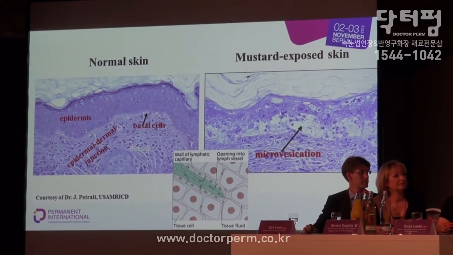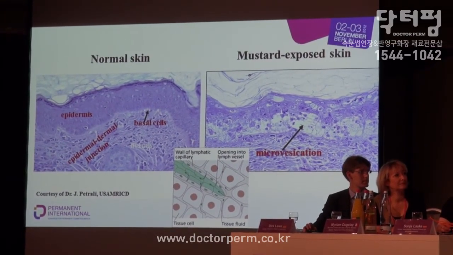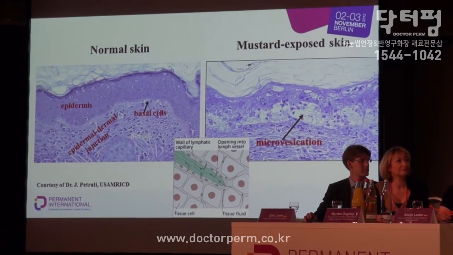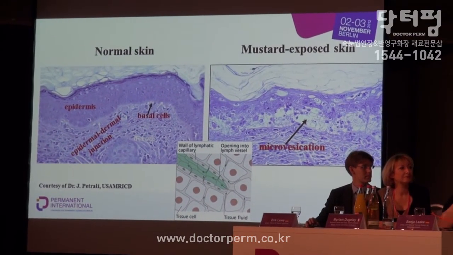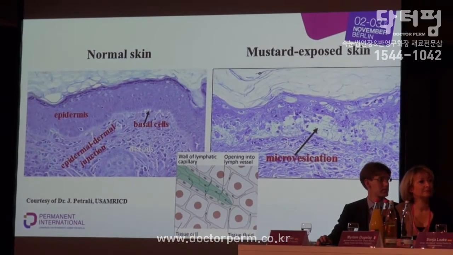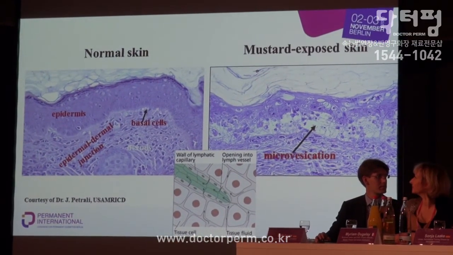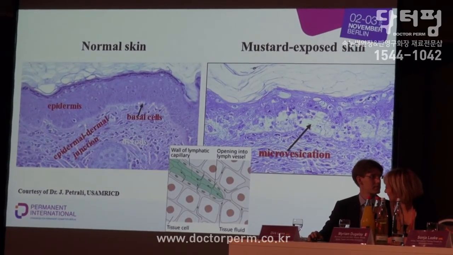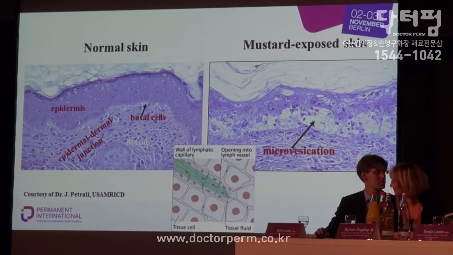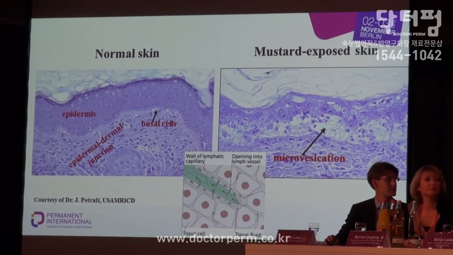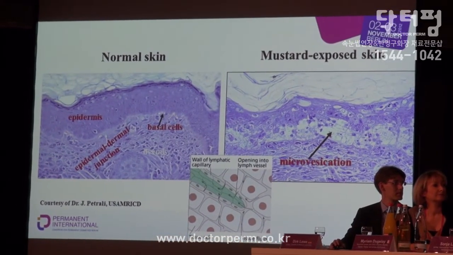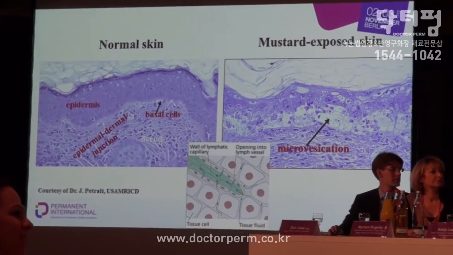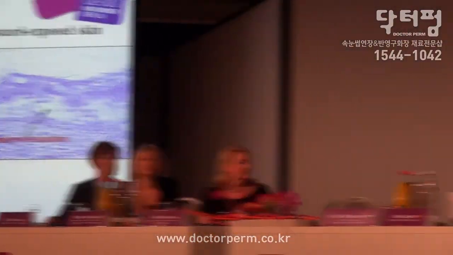Imagine you have a blister. In a blister you have a lot of fluid under your epidermis. You don't want to have blisters, but it is good for the explanation. This is a blister generated by sulfur mustard, just as an example, but you can also have a blister when you are walking. And this blister is in fact cleaning the region behind the epidermis.